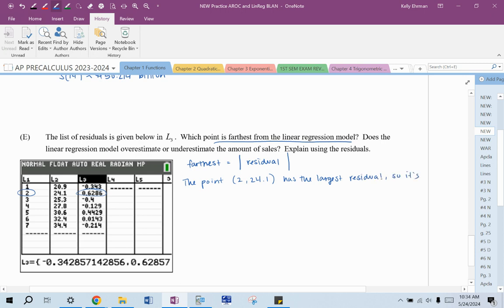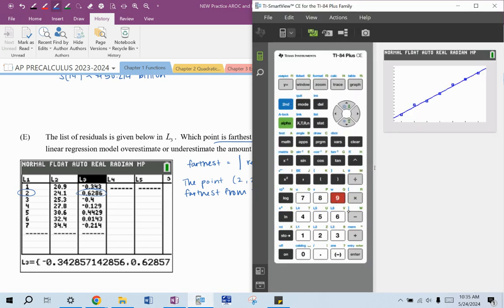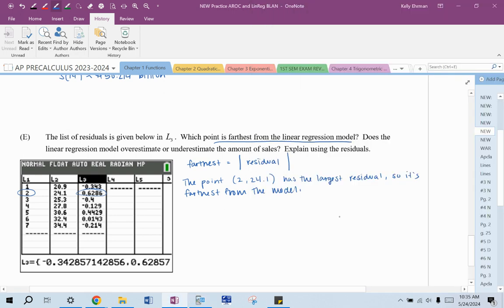So it's farthest from the model. And remember, you can zoom 9 to check this out. What is that? The second one. Hard to tell because they're all pretty close. But yeah, it seems to be the farthest from the model compared to the others.